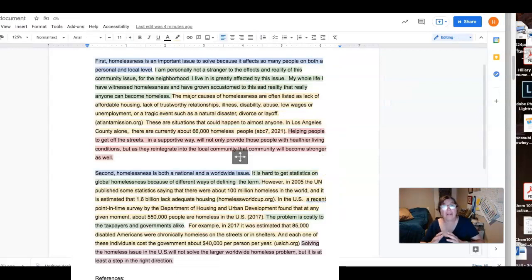Remember, this pair of paragraphs is taking the position that homelessness is an important issue that we need to learn more about, we need to inquire about. It's not taking a side on we need to use this type of program to battle homelessness or this type of program to battle homelessness. And so the wording about homelessness is at this point very neutral.